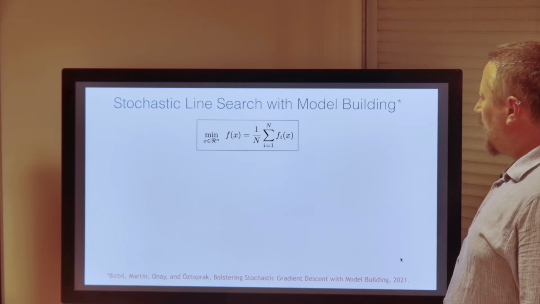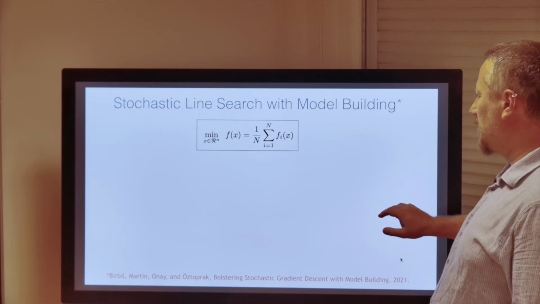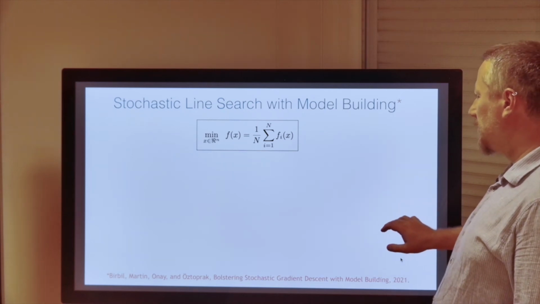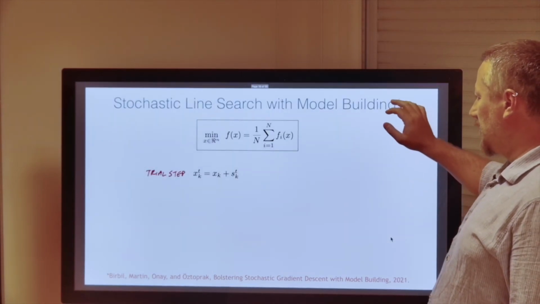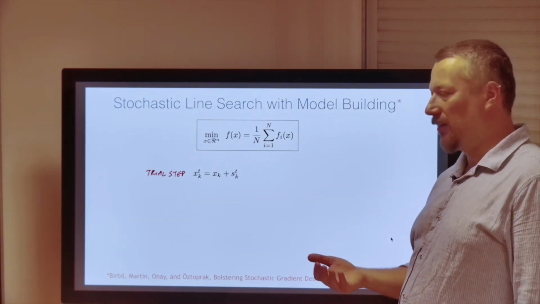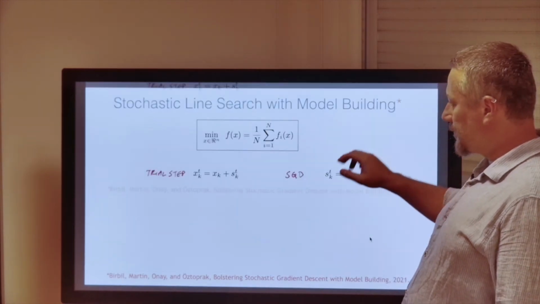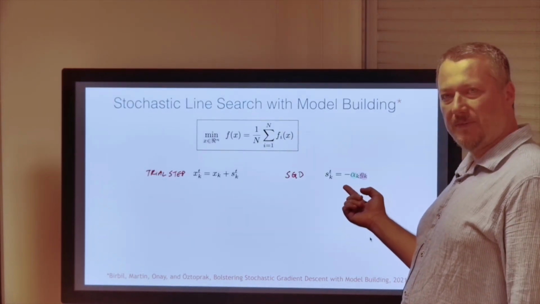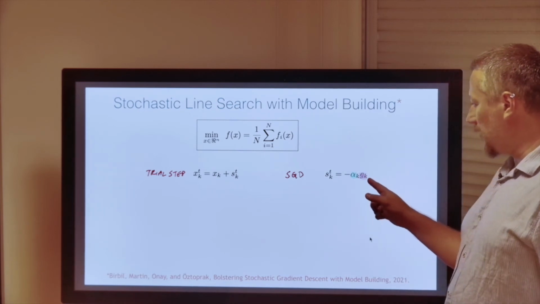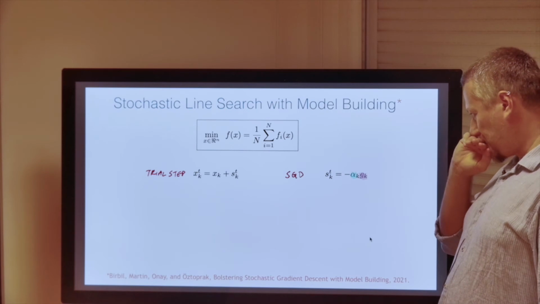All right, so a similar problem: we want to minimize the empirical risk. And this is what we are going to do. Similar to SLS, we are going to take a trial step using the SGD step. So we calculate a stochastic gradient, which I'm going to call g_k.